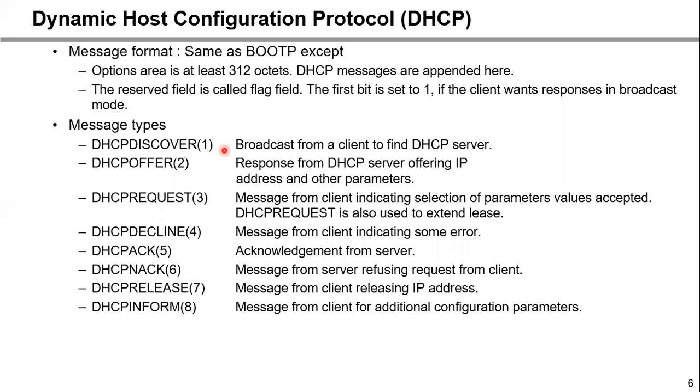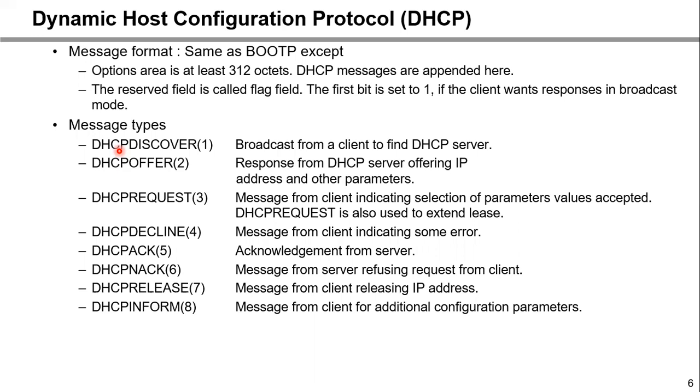These are the messages that get transmitted whenever you are connected to a DHCP server. Let's say the first message is DHCP discover. Obviously, when all of you join the network, you don't know who is the teacher, for example, who is going to teach you.